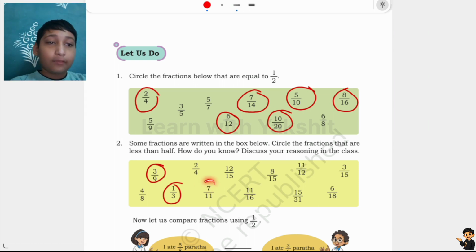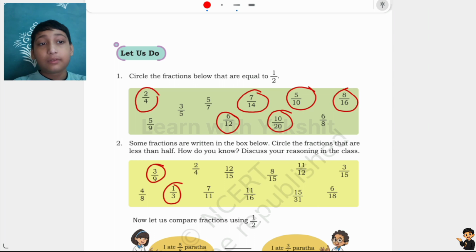Now this is 7 upon 11. Actually, if we divide 11 by 2 and add 1 upon 2, firstly let's do that. 11 divided by 2 is 5 wholes 1 upon 2.